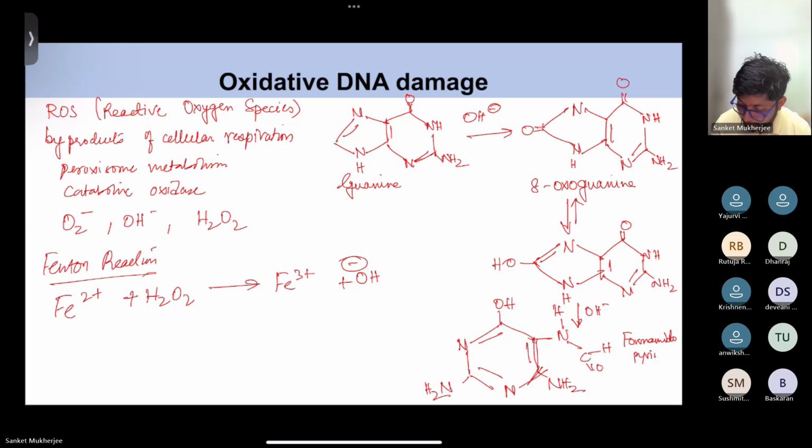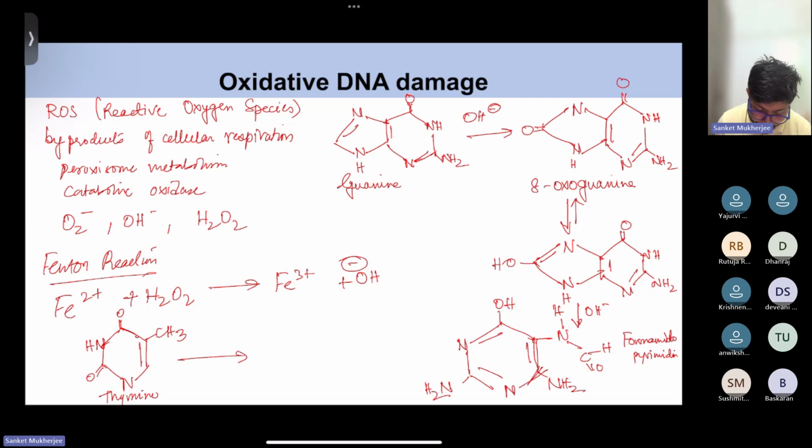This is happening due to oxidative DNA damage, right? Another kind of damage could happen with pyrimidines as well. If we take the example of thymine, it looks like this. This is the structure of thymine.